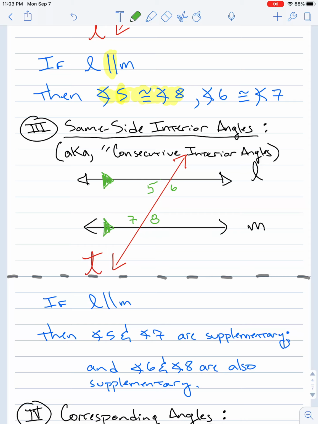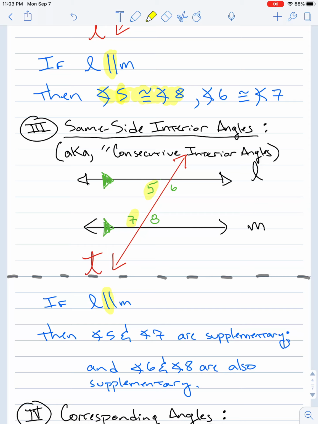There it is. So L and M are parallel, and you can see that we denoted that here. If both lines are parallel, then angles like 5 and 7, so I'm going to pick them, here's 5, here's 7. They're on the same side of the transversal. They're not on alternate sides. One's not on the right and the other one on the left. They're both on the left side.